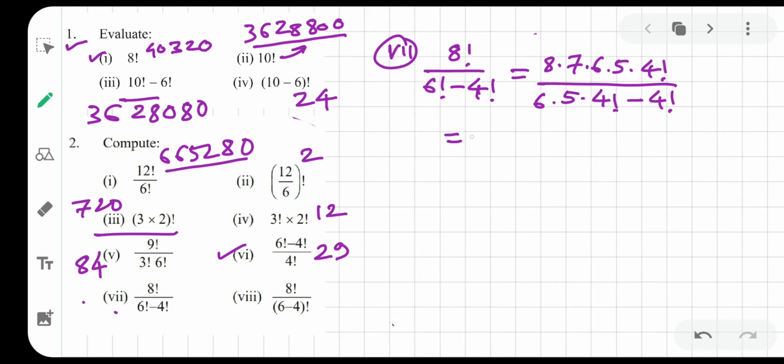Take 4 factorial common and cancel. So we have 8 into 7 into 6 into 5 upon 6 5s are 30 minus 1, so that is 29. Okay, so simply multiply the numerator and denominator, and the answer is some 57.9 something approximately. So I will leave that calculation to you.